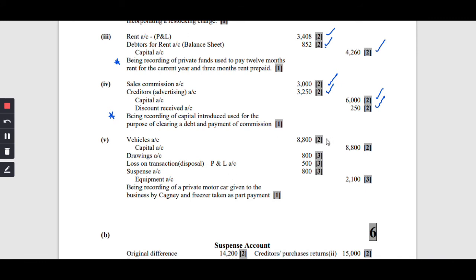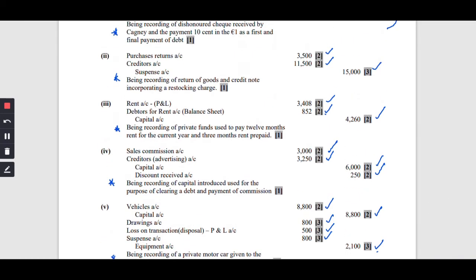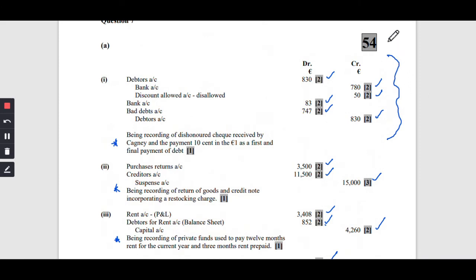We have debit vehicles, again the order doesn't matter, credit capital, debit drawings, debit loss on disposal, debit suspense, credit equipment. And there's your explanation. So that note alone was worth 5, 10, 16, 17 marks out of your 100. So that note needs practiced. As you can see from our notes, we have easily got 54 marks for part A.